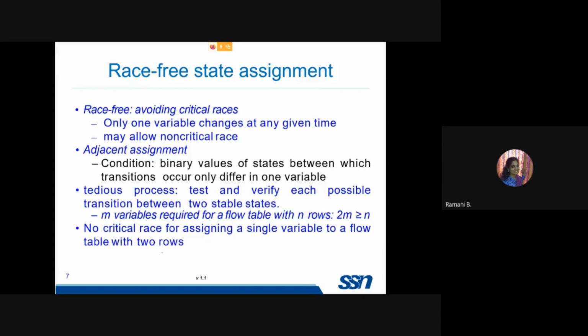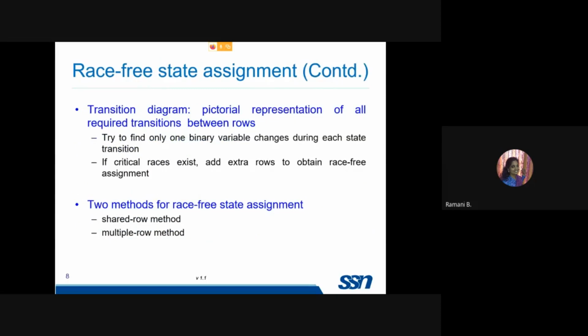So when you have only 2 rows in the flow table, there is no possibility of having a critical race. So we need not think about all those cases in the 2-state condition. You will always be checking for race conditions when you have more than 2 states, because only there will we have the binary assignment in such a manner.